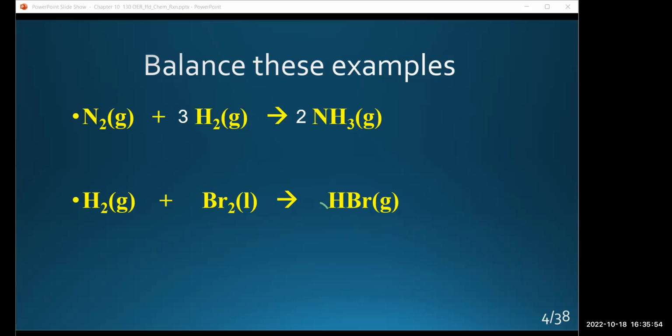Well, we can just study it and say, okay, we got 2 hydrogens on the left, 2 Brs on the left, but we only got 1 of each on the right. So what if I just simply put a 2 in front of HBr? Go back and check it, hydrogen check, Brs check, we're good to go. We got a balanced chemical reaction.